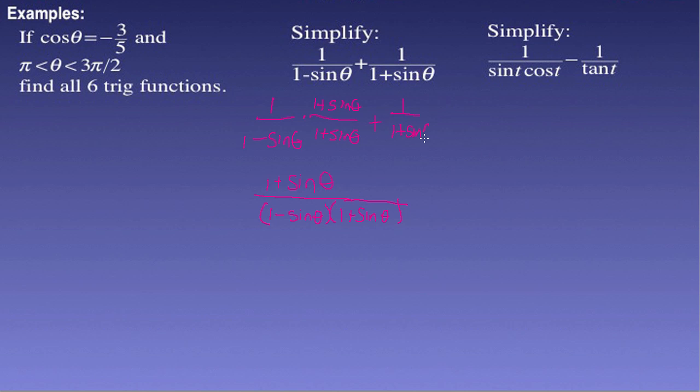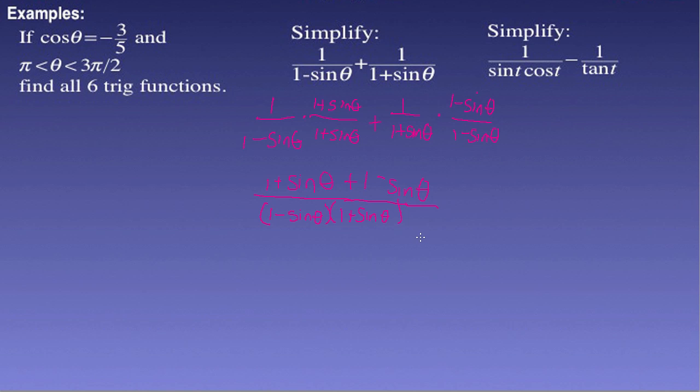I need to multiply that by 1 minus sine theta. Doing that gives me 1 plus sine theta times 1 minus sine theta in the bottom, which is indeed my common denominator. So I can now add 1 times 1 minus sine theta to the top.